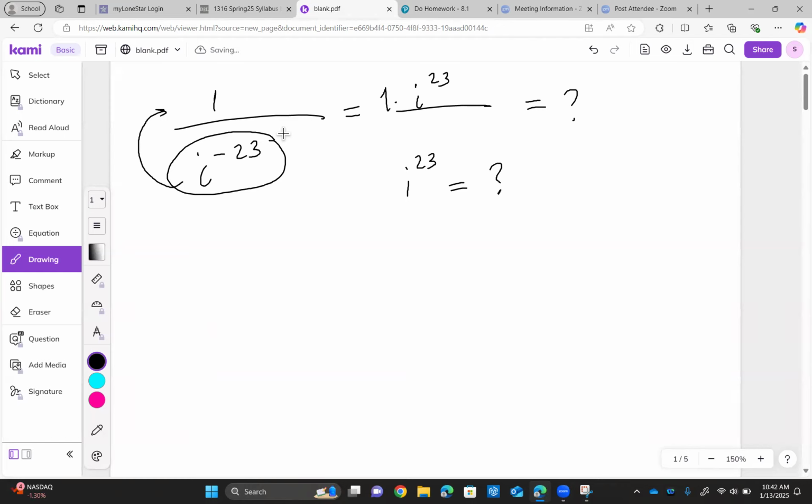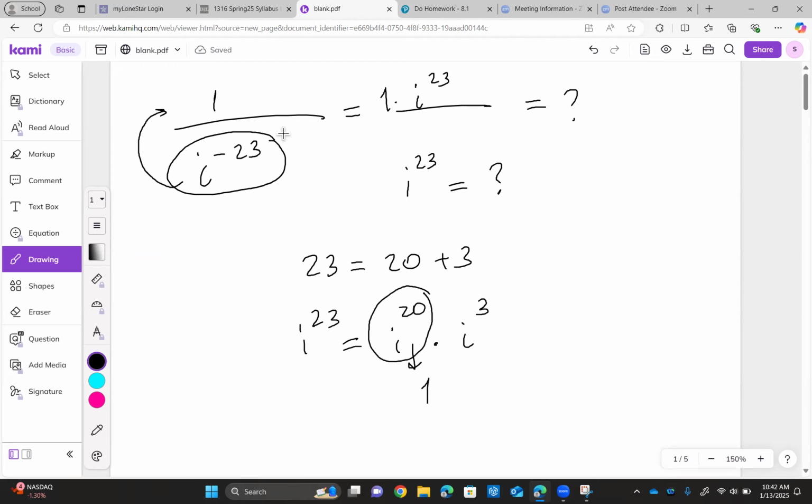So I'm going to see what's the highest number that 23 holds in it which is a multiple of 4. I know that 23 is 20 plus 3. So when I have i to the power of 23, I can write it as i to the power of 20 times i to the power of 3. Since this is a multiple of 4, I don't have to worry about this part anymore. It's just equal to a 1.